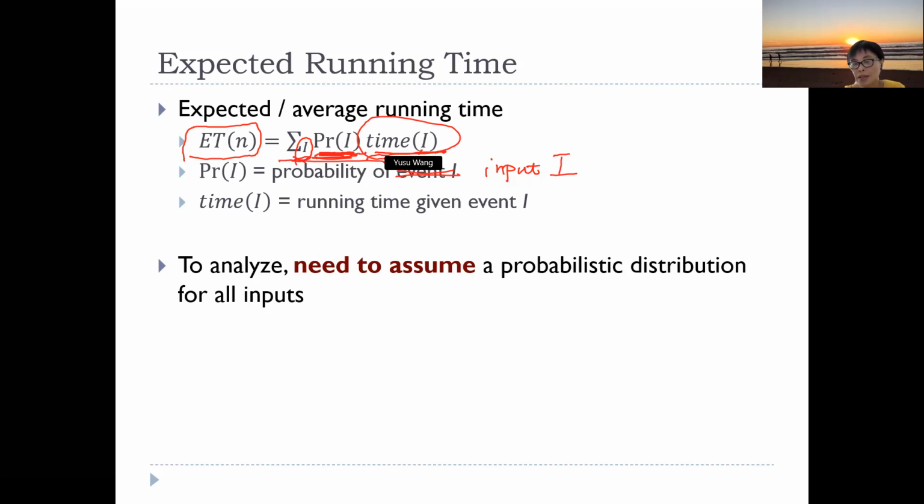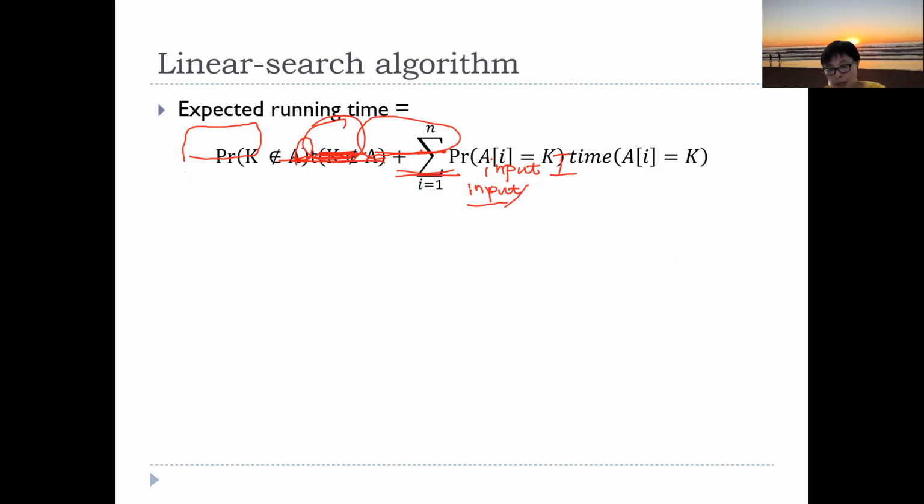This is the same as when we compute an expectation. But to do this, I have to know this probability, namely, we have to assume a probability distribution on the input.